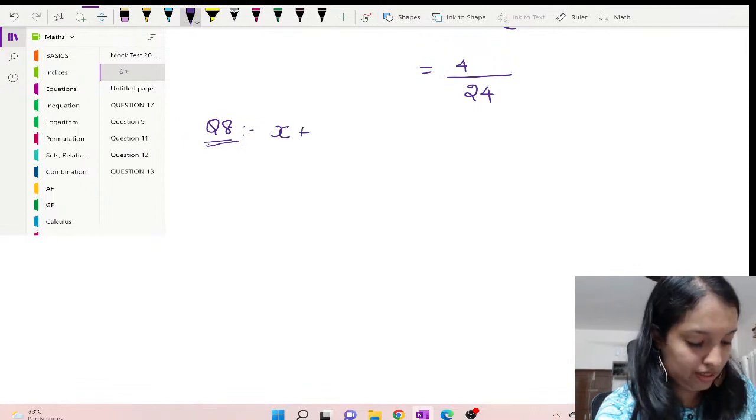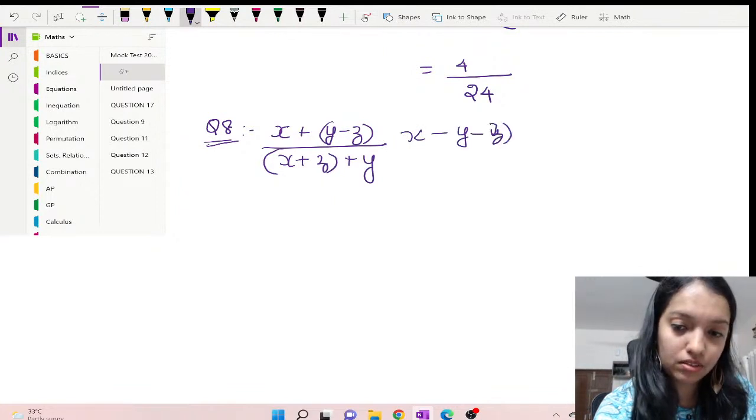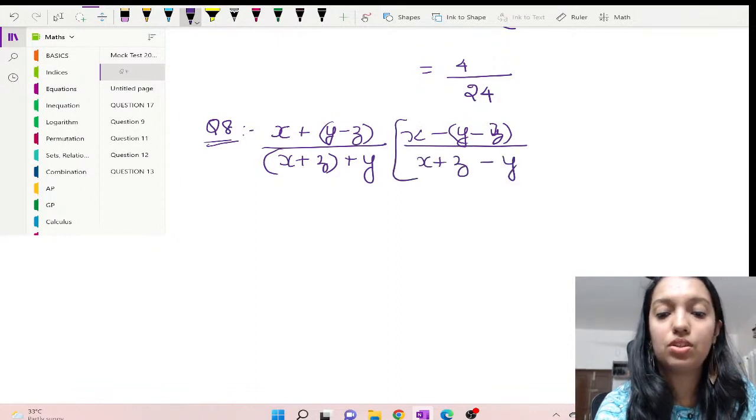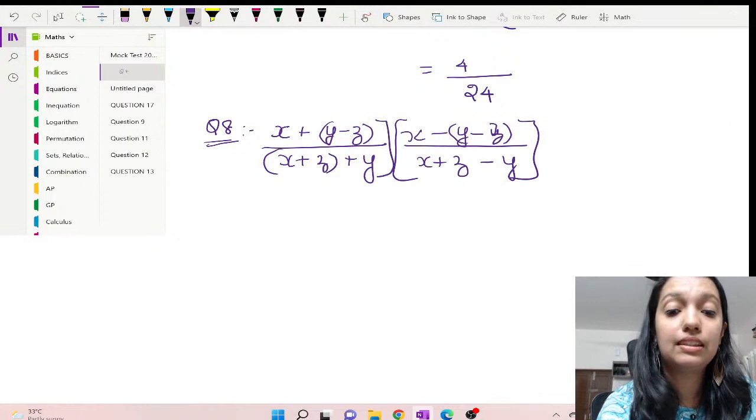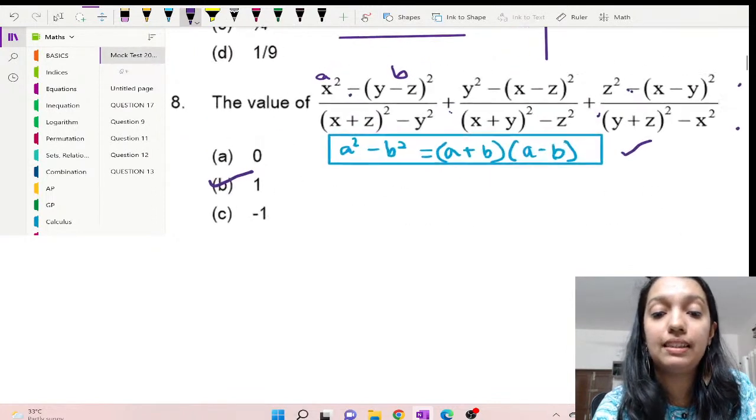x plus y divided by x plus z plus y into x minus y minus z divided by x plus y minus. So this is when you substitute the first term. Have a look at the first term.